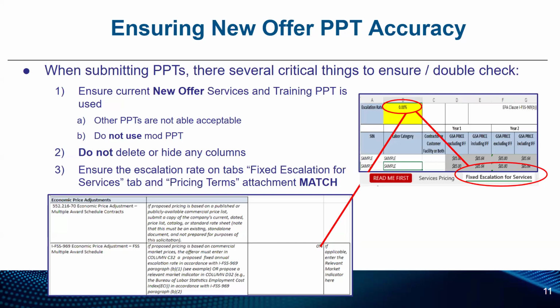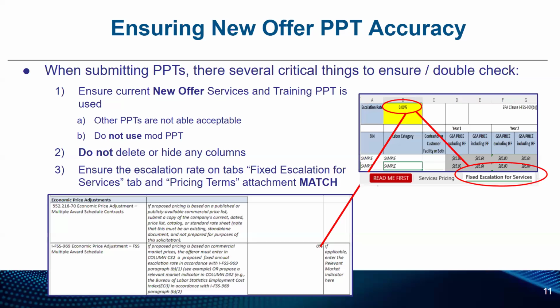Make sure that if you're proposing a fixed escalation, you fill out the escalation tab, and make sure your pricing terms attachment matches what you put on the escalation tab of your PPT. Otherwise, people are going to be very confused when they're evaluating your offer.